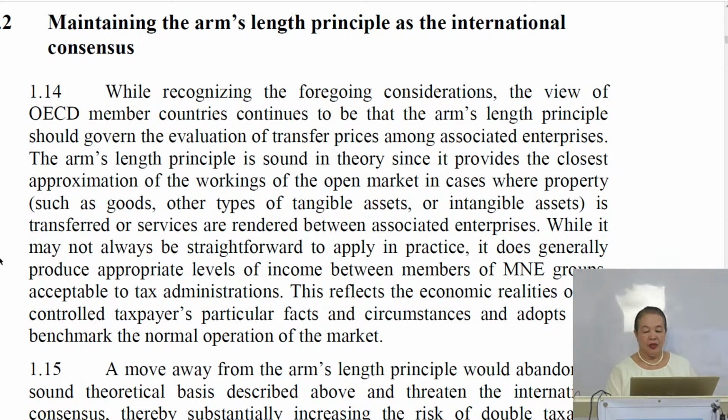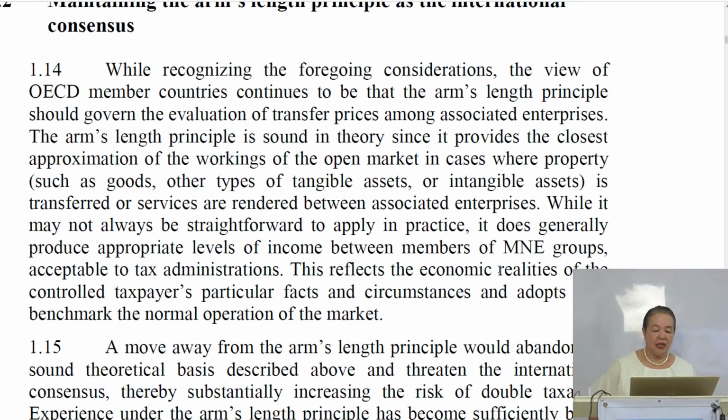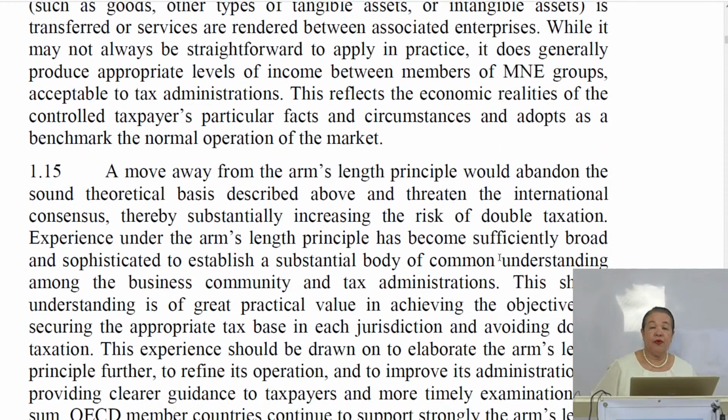So while it may not always be straightforward to apply in practice, it does generally produce approximate levels of income between members of MNE groups acceptable to tax administrations. This reflects the economic realities of the controlled taxpayers' particular facts and circumstances, and adopts as a benchmark the normal operation of the market.